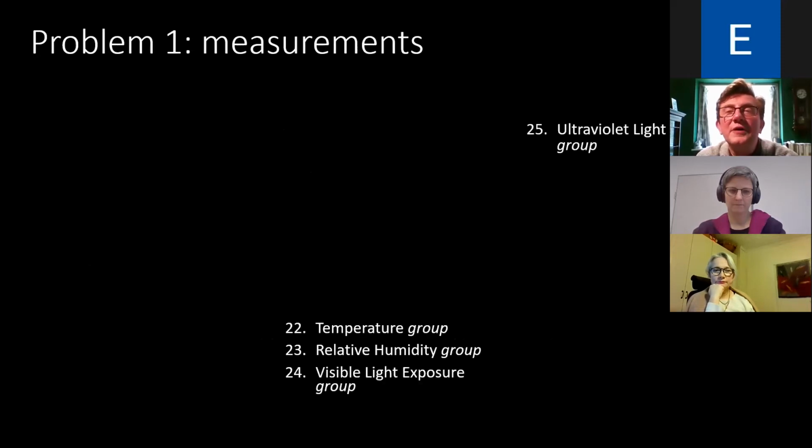The names are abbreviated here on the slide. They should be temperature requirements, held together in a group, relative humidity requirements, visible light exposure requirements, and ultraviolet light exposure requirements. So what we want to record are measurements that relate to the object's requirements, the conditions they need to be kept in to avoid damage and deterioration. And that is not something that you can physically measure from the object itself.